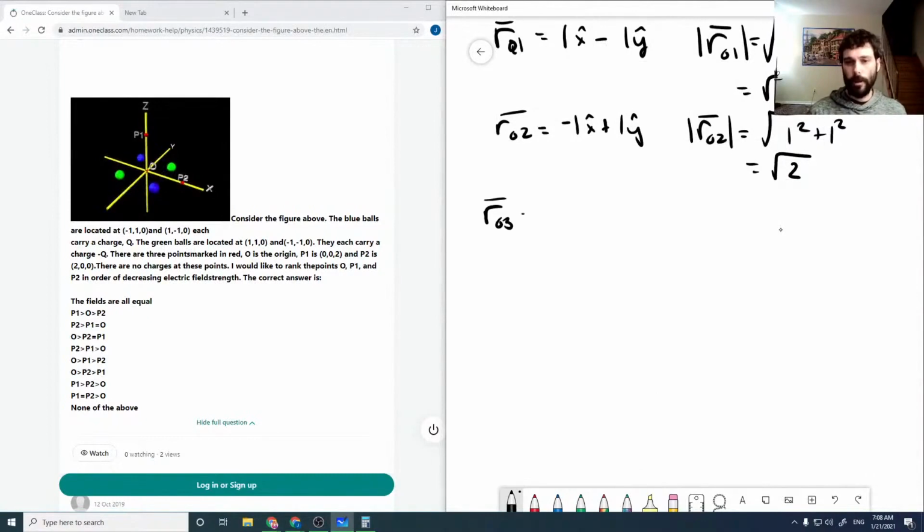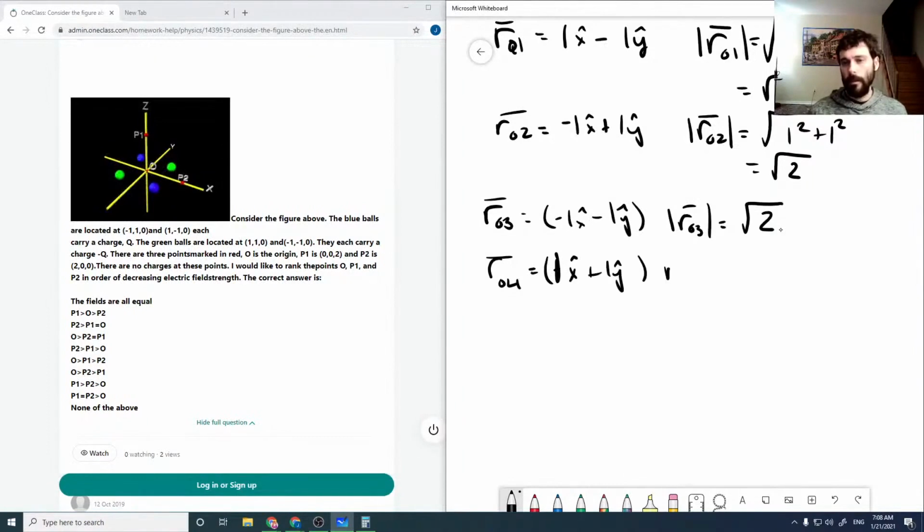RO3 is minus 1 x hat minus 1 y hat, so its magnitude is square root of 2. And RO4 is 1 x hat plus 1 y hat, so RO4 is the square root of 2.